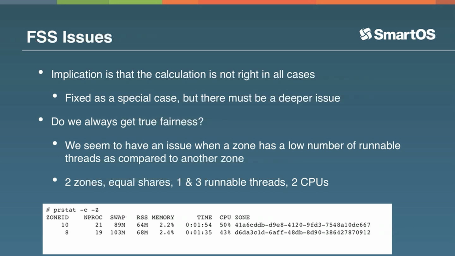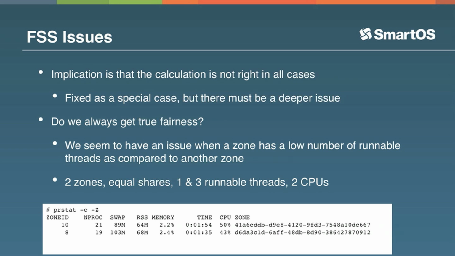Now, I've been working on the fair share scheduler looking at this recently, and I don't have a good solution to this yet, but I did track down that part of the problem is actually not in the fair share scheduler, but in the way that microstate accounting was keeping track of how much CPU each zone was using. There was a bug in the code that if it had to loop around and do some things, it would calculate things incorrectly.